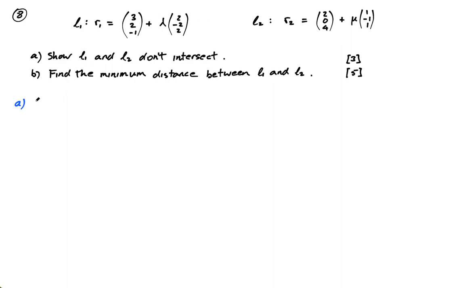So if they intersect, then all these equations must be satisfied. So 3 plus 2 lambda has to equal 2 plus mu, because the x-coordinate of this is 3 plus 2 lambda.